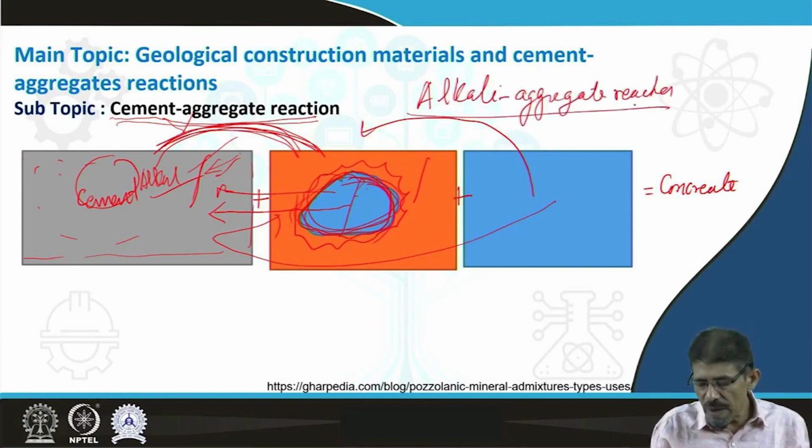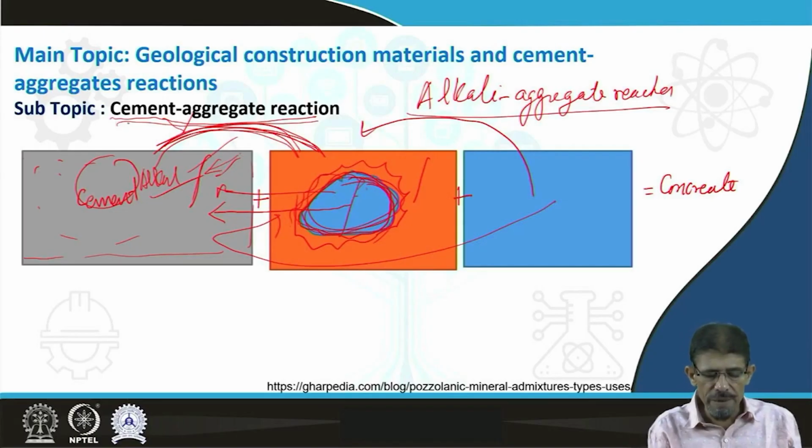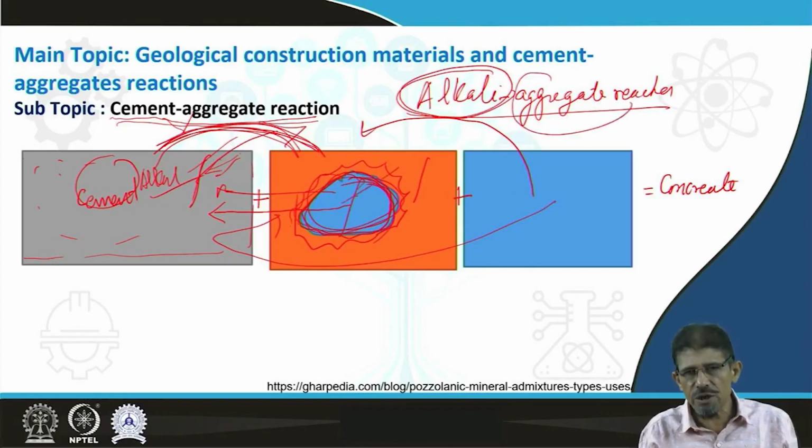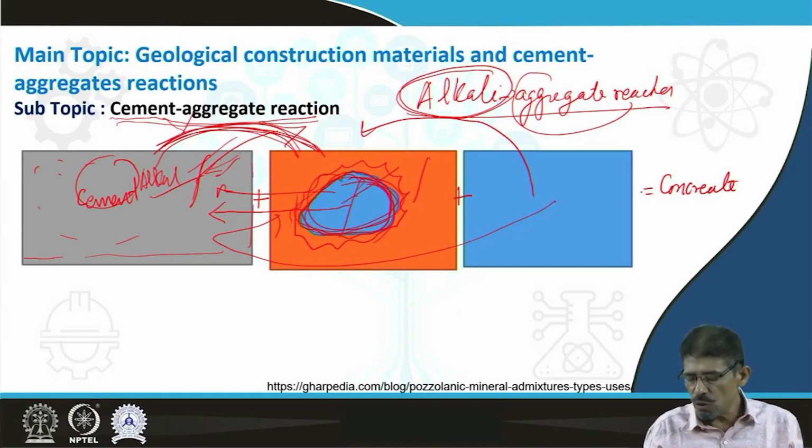This term has become more popular in comparison to cement aggregate reaction. Here the alkali present in cement is going to react with certain types of aggregates, deleterious aggregate, in the presence of water during formation of concrete.